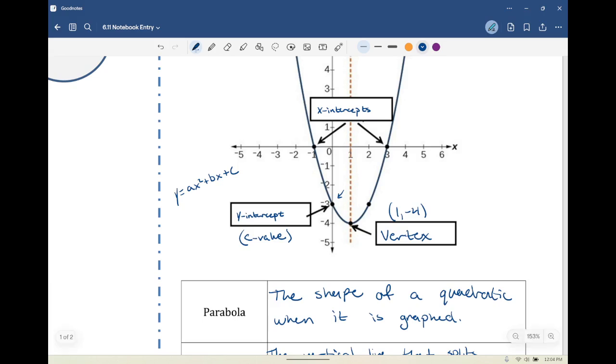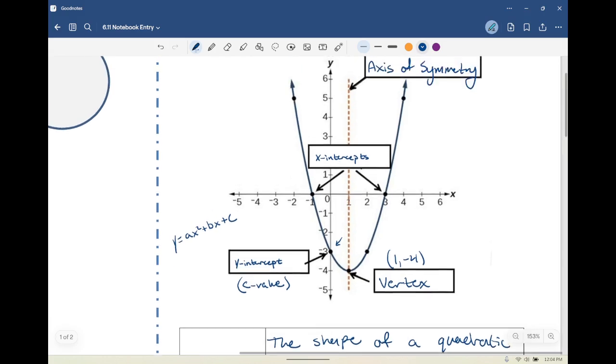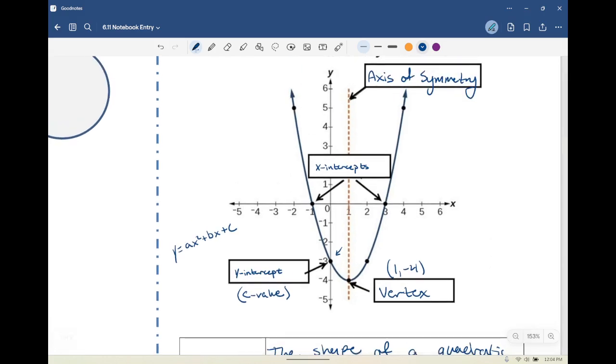Vertex is always a coordinate point. I say this because now I'm going to go up to the axis of symmetry. Where is the axis of symmetry? It's at what? 1. However, that's not the answer, right? Because how do I always have to write this based on the definition we gave?